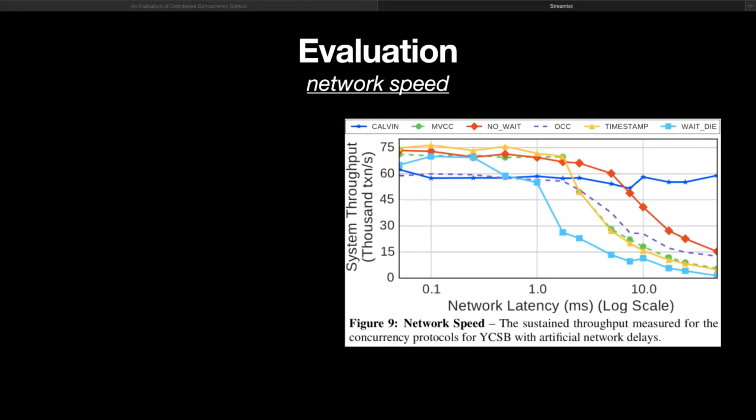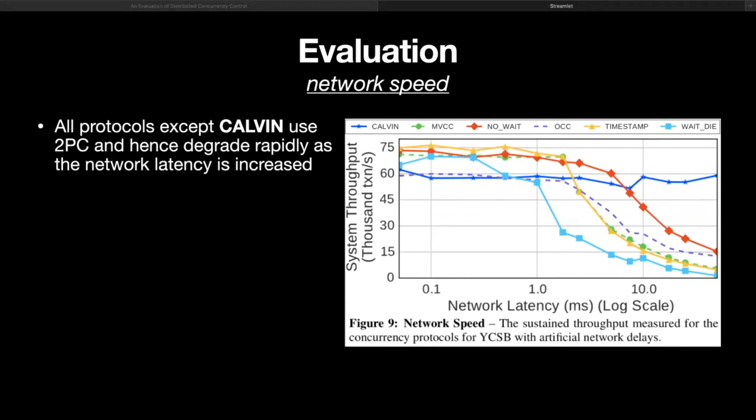This is basically to make their point and dig deeper into what is the biggest contributor to the bad performance. Intuitively we know from distributed systems that network is the bottleneck. So that is basically proven in this test case. Since all of the protocols are using two-phase commit, their performance degrades rapidly, except for Calvin, which again maintains its performance.